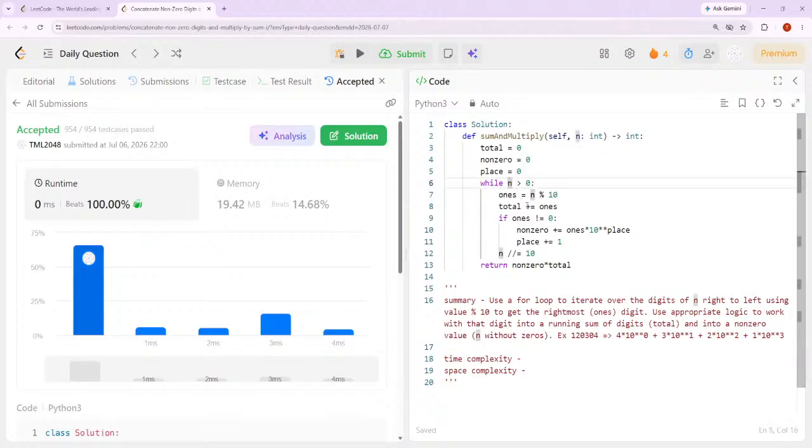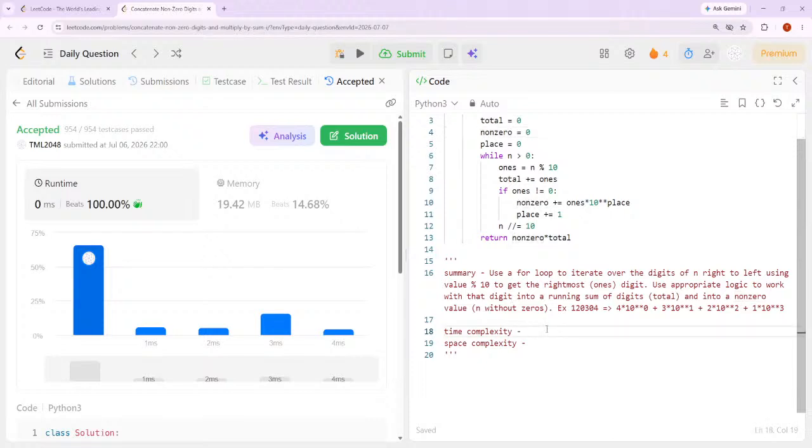And since it works right to left, I have to keep track of the place value of the next non-zero digit to incorporate that into the non-zero value. If this was a more traditional left to right, I could just not worry about that. But in any case, yeah.